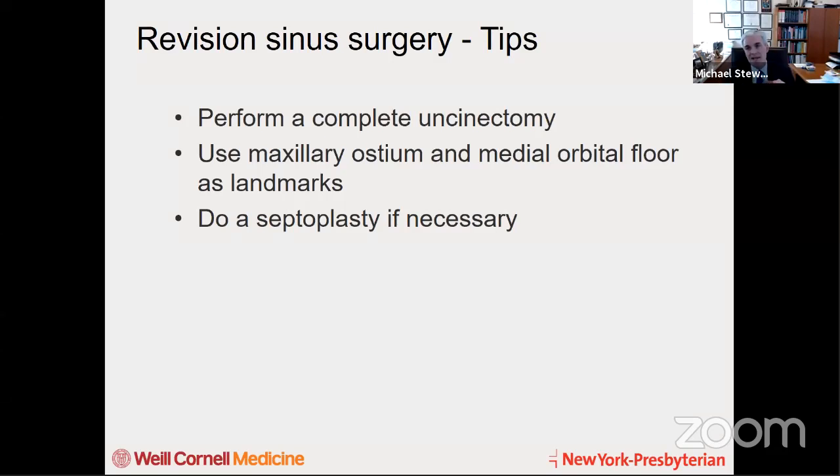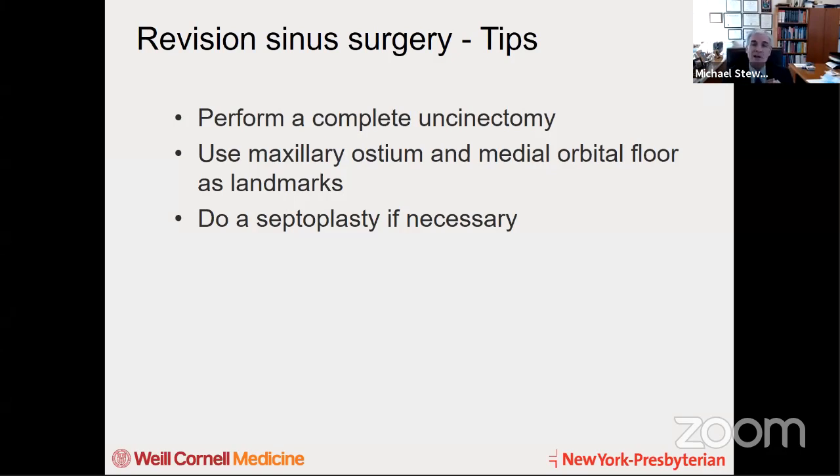And actually, statistically, doing a septoplasty in revision surgery, if it wasn't done the first time, predicts better outcomes. So in some patients, probably a deviated septum, if it's not been fully addressed initially, is contributing to failures, probably because it prevents topical therapies from getting back into the sinus cavities like they should.